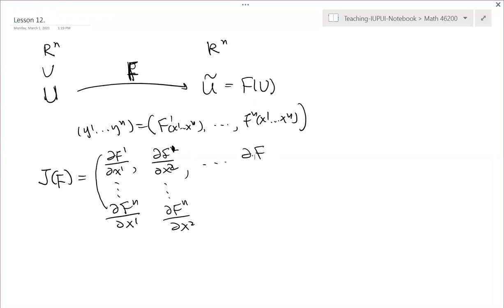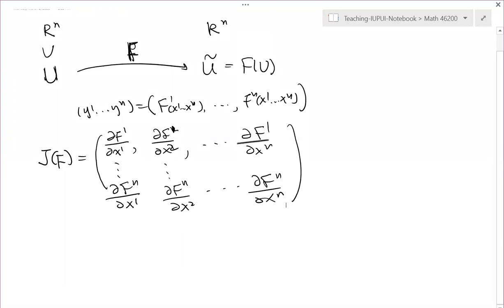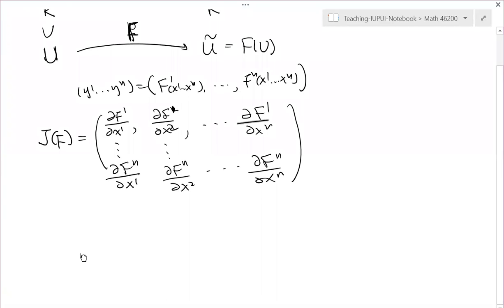The last one is the partial derivative with respect to xn. So you get an n by n matrix. Now we label them using y1, y2, yn, x1, x2, xn. If it's two-dimensional, then just use x, y. If it's three-dimensional, x, y, z. In general, because I don't want to do the two-dimensional case, and the one-dimensional case has only one variable. So this is a matrix.